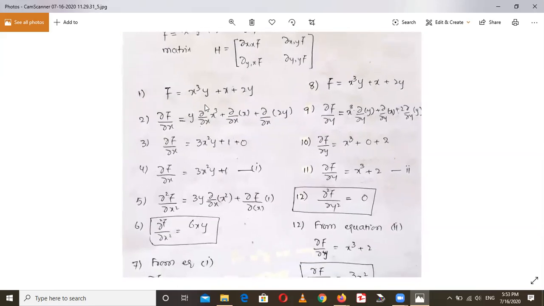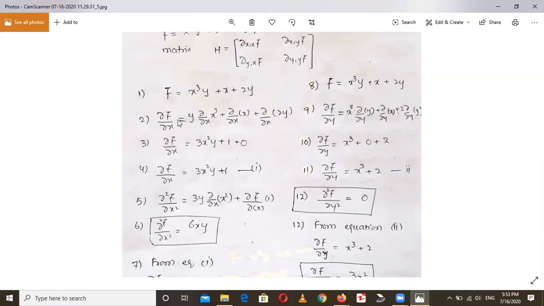Now look at the question. In step number 1 we have the question, f = x cube y plus x plus 2y. Now differentiate this with respect to x on both sides.